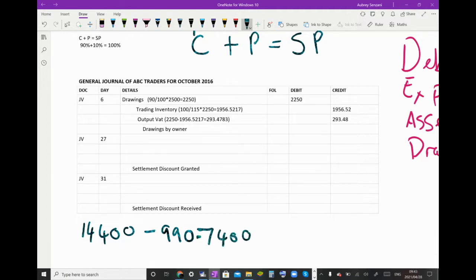Okay, and here, guys, make sure that you're dealing with the same amounts. So when I say the same amounts, I mean all amounts should be inclusive of VAT, or all amounts must be exclusive of VAT. Does that make sense? It will just make your life easier.